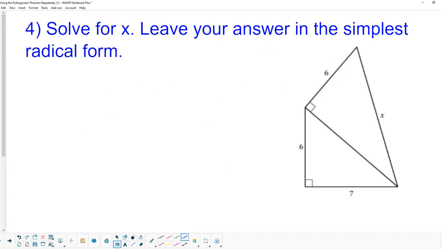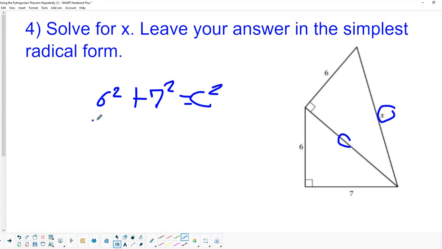We've got another one where we're trying to find this x. So in order to do that, we've got to find this value right here, which is a c on this first triangle. So let's do it. 6 squared plus 7 squared equals c squared.